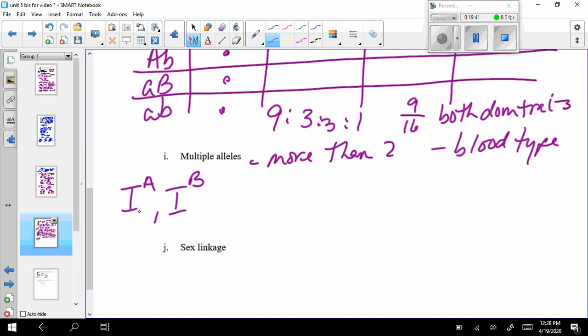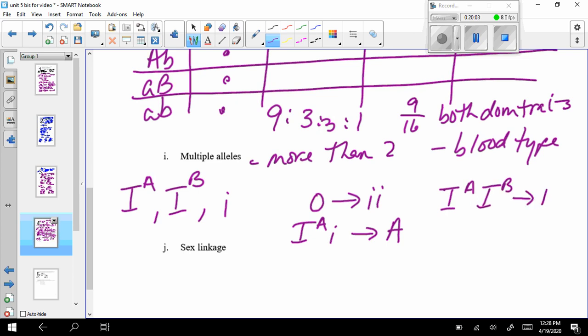A means you make the A antigen and B means you make the B antigen. And then there's also a little i. The only way that you can get O type blood is to be homozygous recessive. If you have either one of the dominants, you would have A blood. And if you have both of them, you express both. They are codominant, so you'd have AB blood.